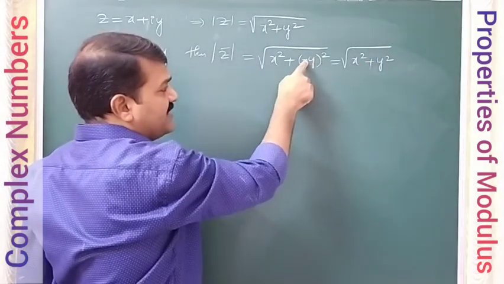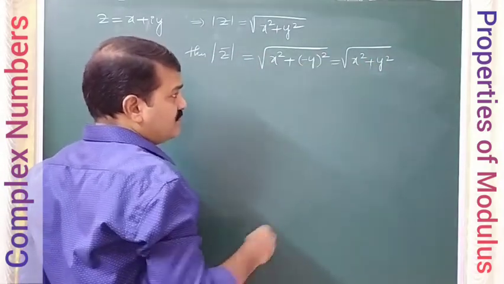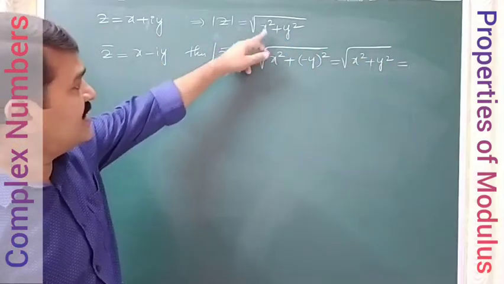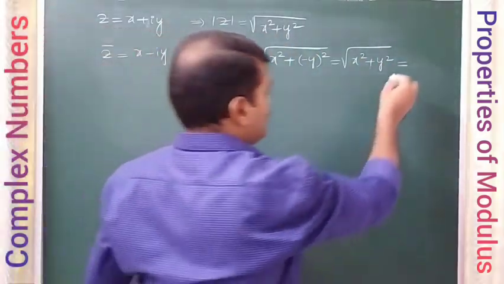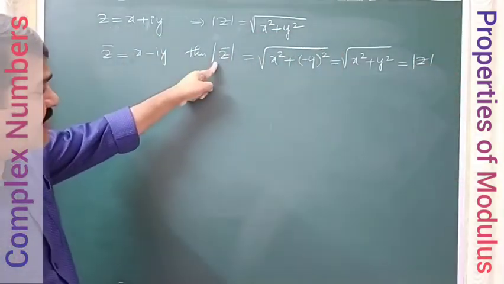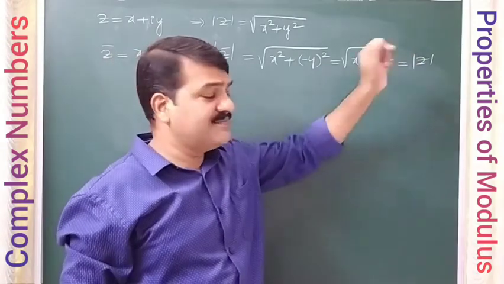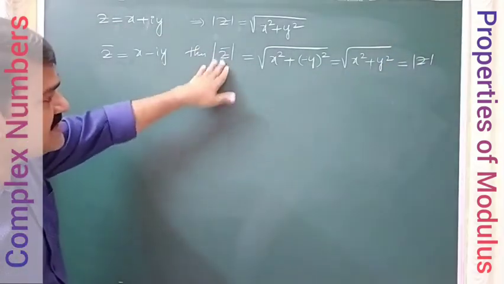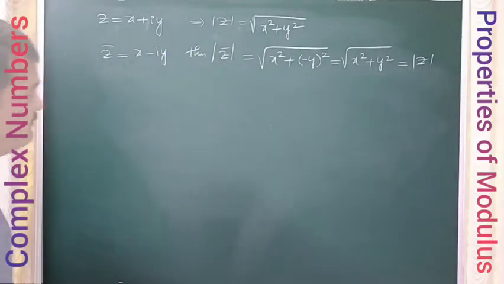You can remove the minus sign, the square is there, no? Under root x square plus y square is nothing but the mod z value only. So modulus of z bar is the same as mod z. This is the property which we have to remember.